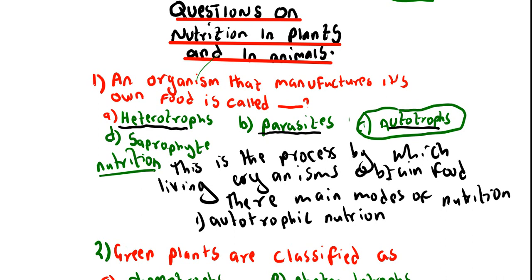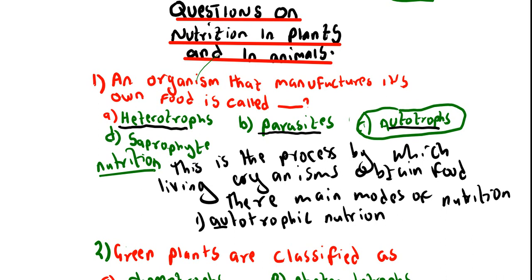Those that use energy from chemicals to make their own food are called chemotrophs or chemoautotrophs.